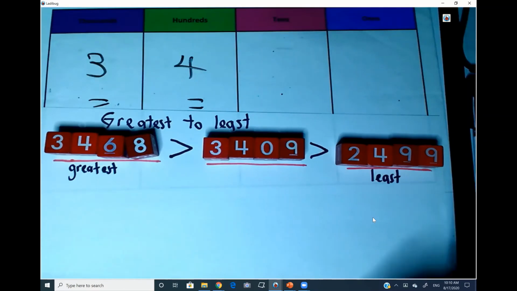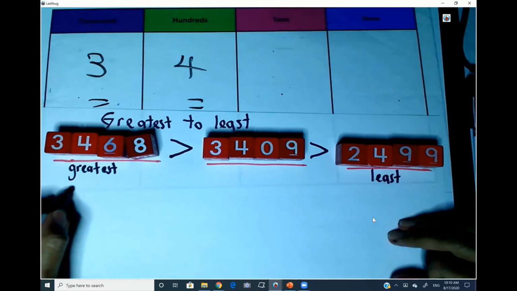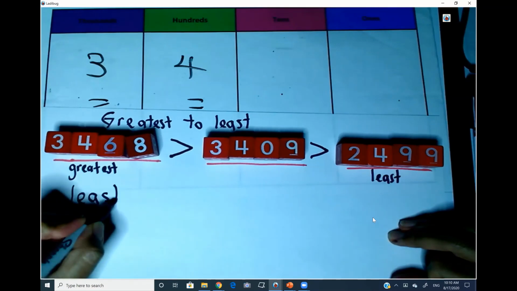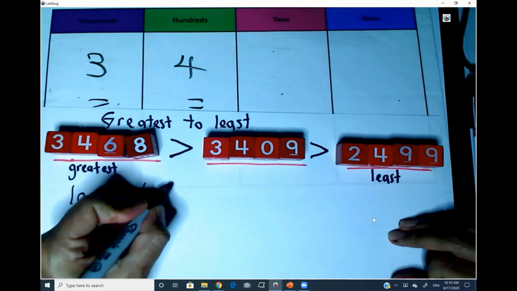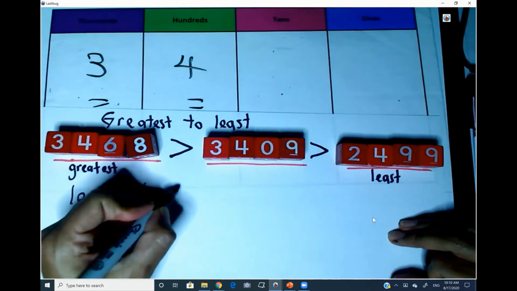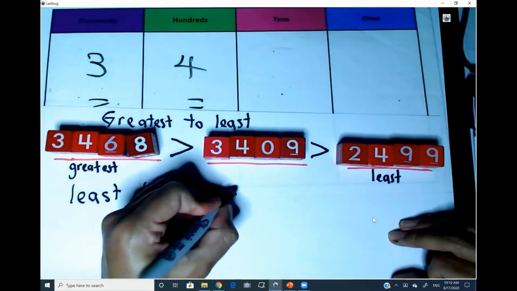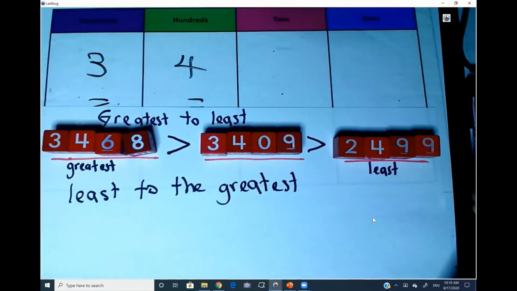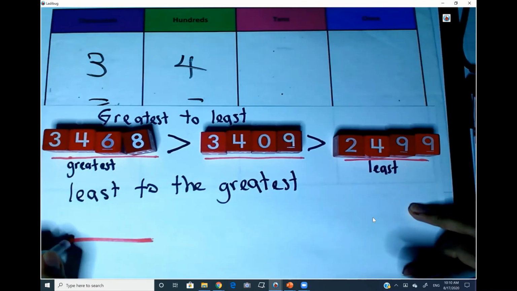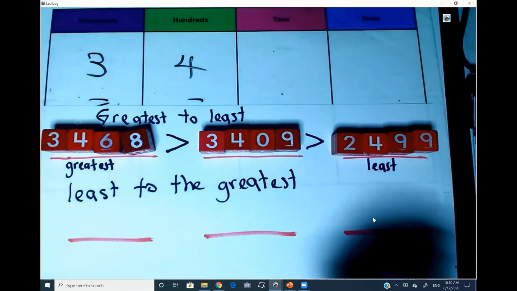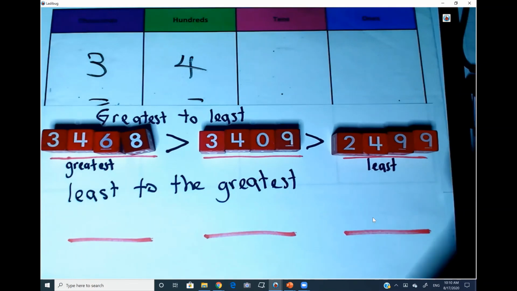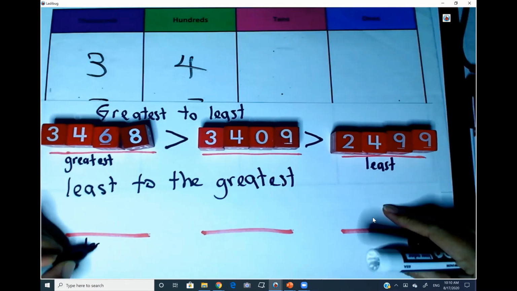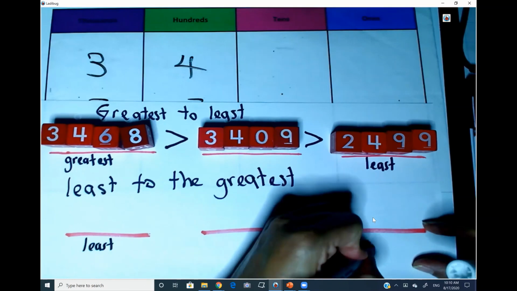Now I can do the same with the other numbers. Instead of doing it from the greatest to the least, I can do it from the least to the greatest. The only thing I have to do is change the order because I already have them organized. So I'm just going to put them in the right spot. This is going to be the least, and this is going to be the greatest.